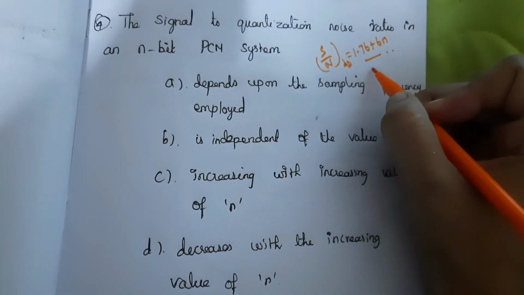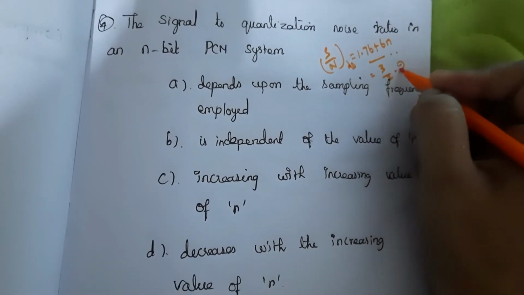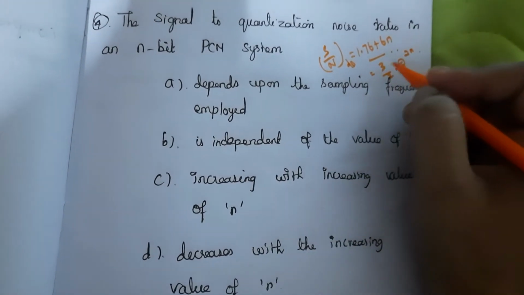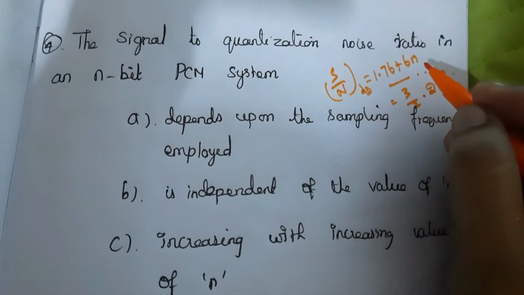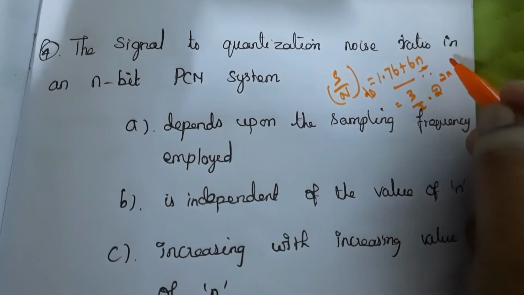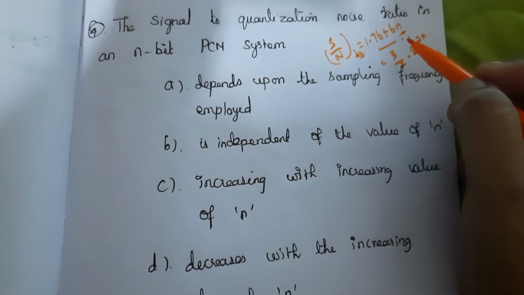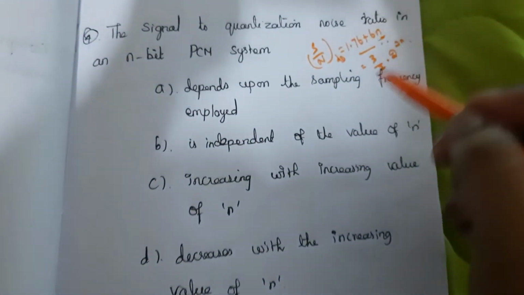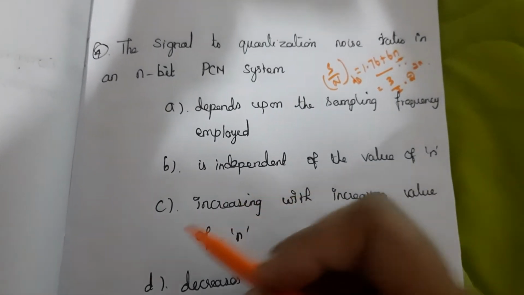Normally that is equal to 3 by 2 into 2 to the power 2n, and taking logarithm we will get this result, 1.76 plus 6n. So this is directly proportional to the n value. So yes, the signal to quantization noise ratio increases with n value. So here the answer is increasing with increasing value of n. So here the answer is C.